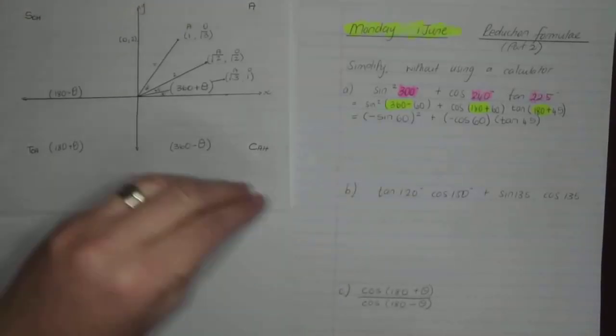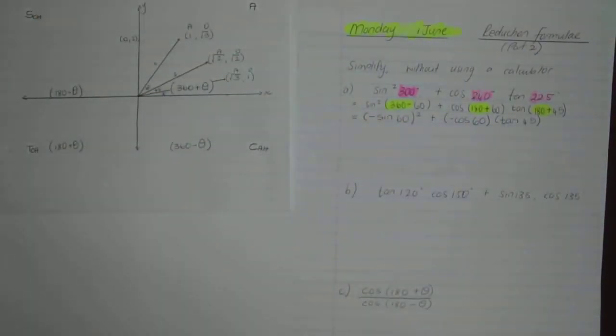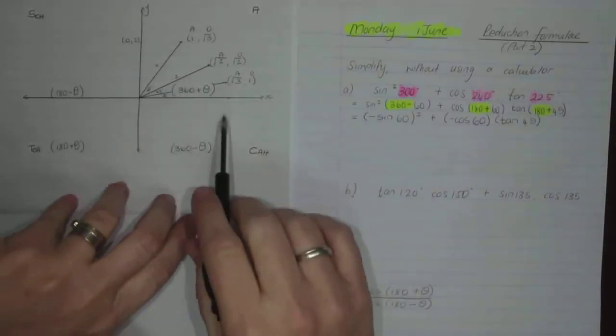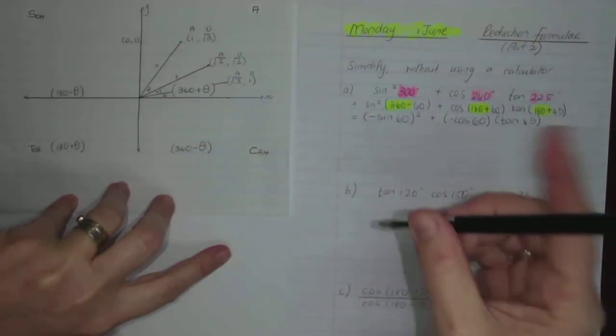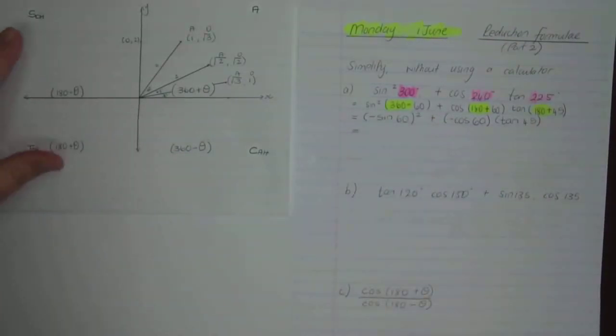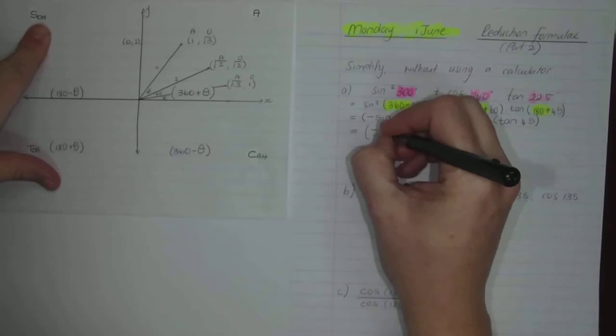I am in my first quadrant because now I have acute angles as far as I can see, and all of them are 30, 45 or 60, so I can use my knowledge of my special angles. So sine, there I've reminded myself is O over H, so it's minus.